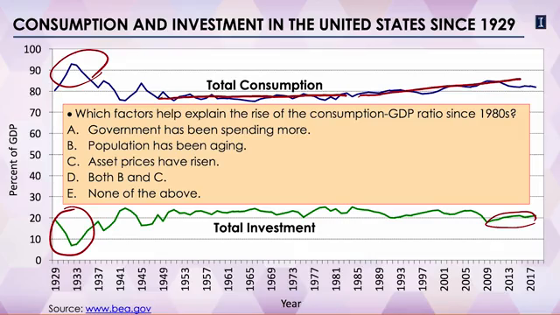Was it government spending that went up? Was it population that has been aging and spending more? Could it be because asset prices went up in the US stock market, house prices go up? Maybe both B and C, or none of the above. Maybe there's been a long-term recession in the US, and that's why the ratio of consumption to GDP has gone up.